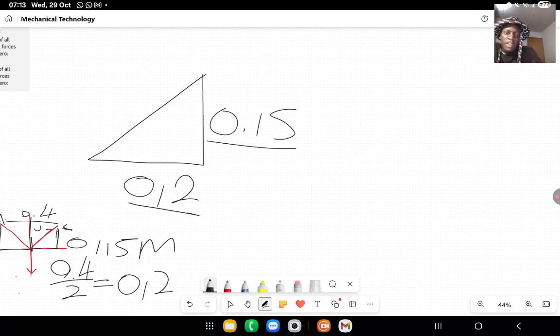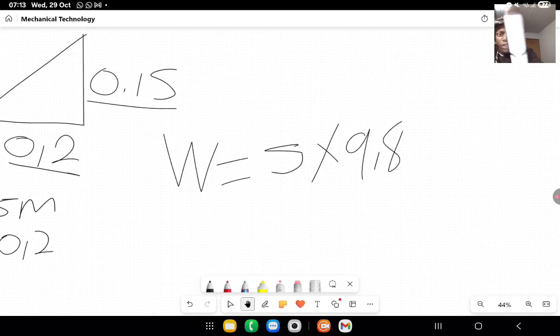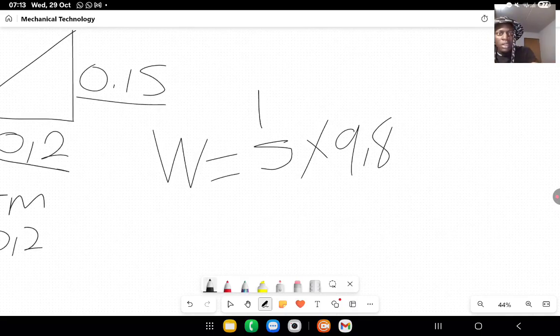We are given that W is equal to 5 multiplied by 9.81, because they already gave us the mass. If we have mass, we know that W is equal to mass multiplied by gravity, and gravity is 9.81.